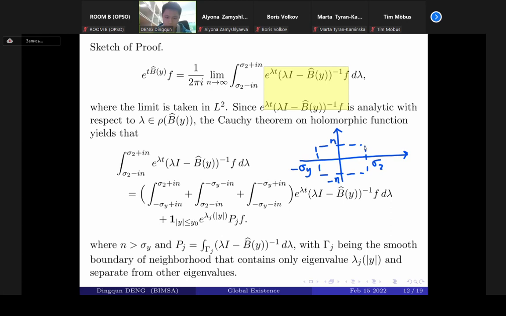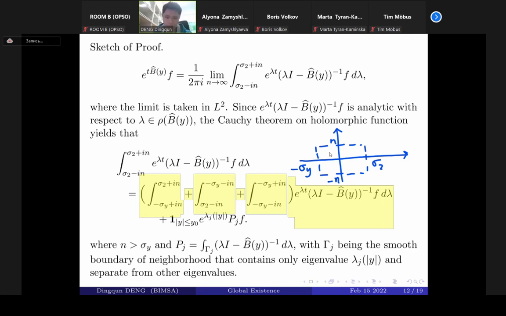The result will be here, and you have the integral from negative sigma y plus i n to sigma 2 i n. Together it forms this rectangle in this integral line. But if you remember, there are some eigenvalues inside near y equal to 0. Near this 0, there are eigenvalues. We represent it as e to the eigenvalue times PjF.